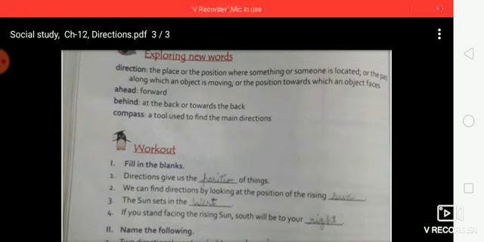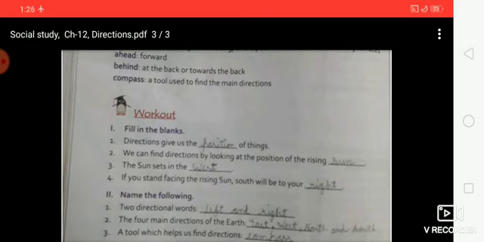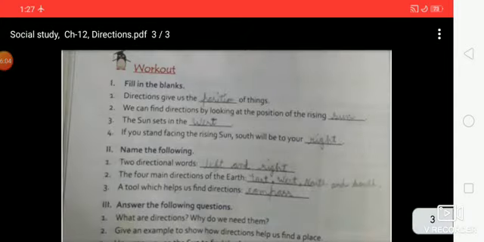We use directional words like left, right, straight, ahead, behind and in front of to give directions. There are four main directions of the earth.